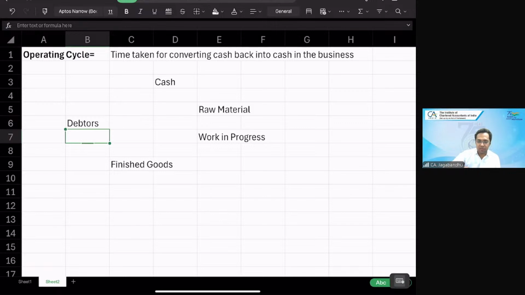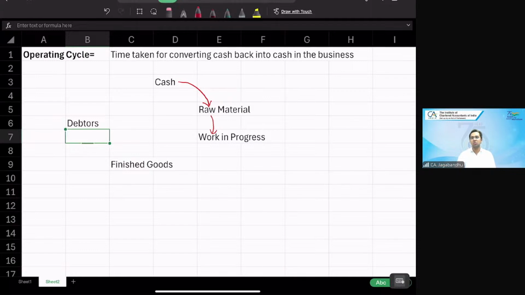And then finally, we receive the money from debtors, right? So initially, when we have cash, we purchase material with the cash. Then that raw material is put into the process to get it converted to work in progress. Work in progress takes the form of finished goods.